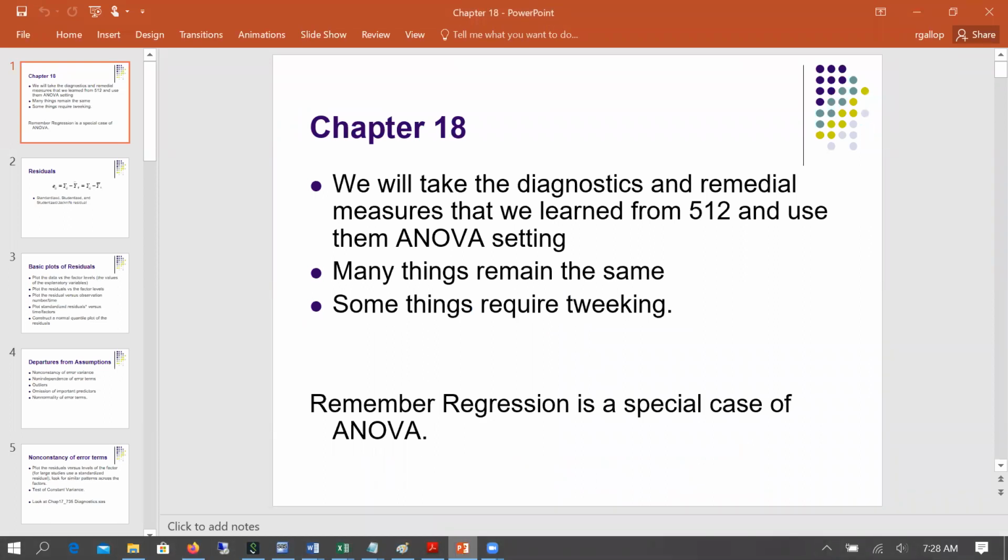Now, remember, the regression model and the ANOVA model are portions of the general linear model. And the really major difference that we've seen between a simple linear regression and the analysis of variance model is that in the simple linear regression, usually the predictor X is a continuous quantity, whereas in an ANOVA model, we've seen that the predictor X is a categorical variable, such as treatment condition.